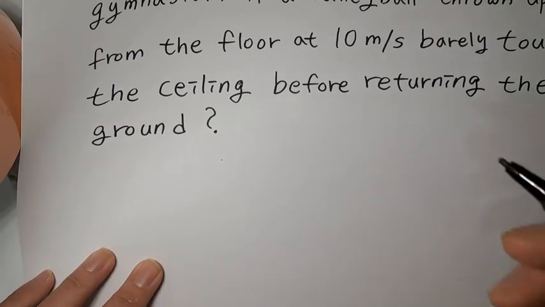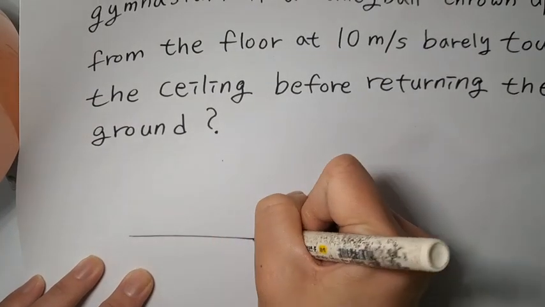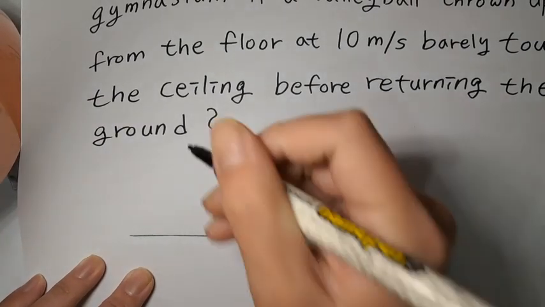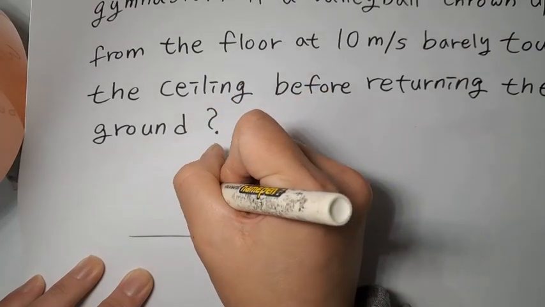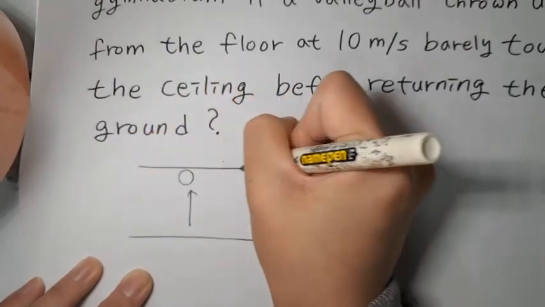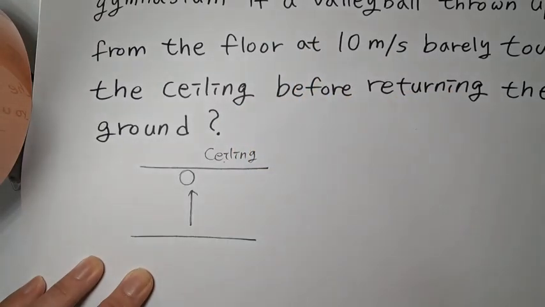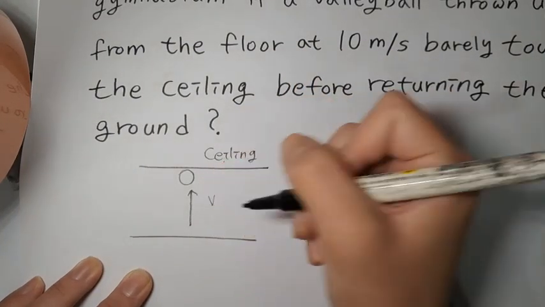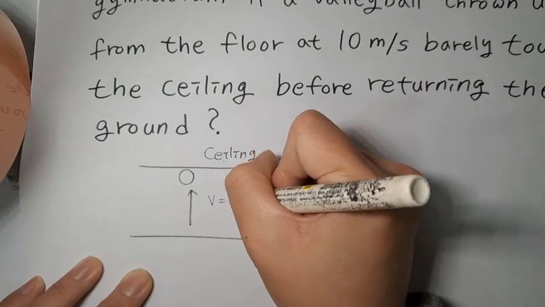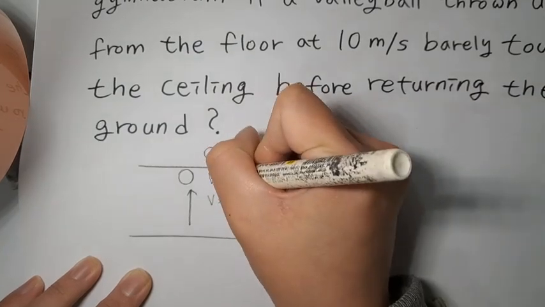So it means the volleyball was thrown to the ceiling, and its velocity is going to be 10 meters per second.